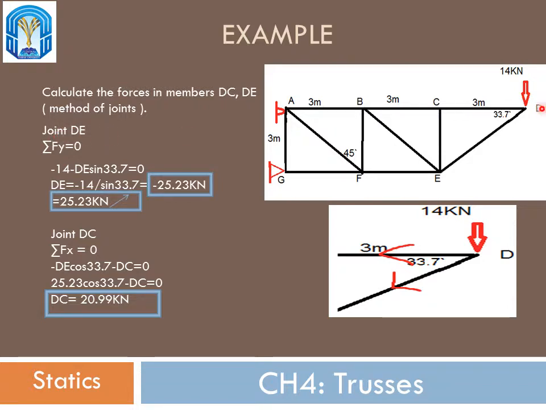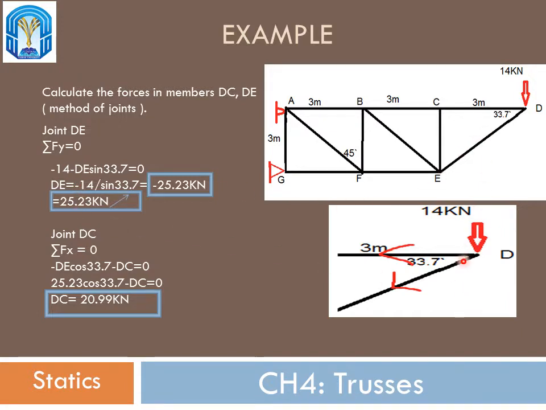First, joint E. Summation of Fy equals 0: minus 14. This force goes in the minus y direction, and minus DE; we resolve this force into the x axis and y axis.